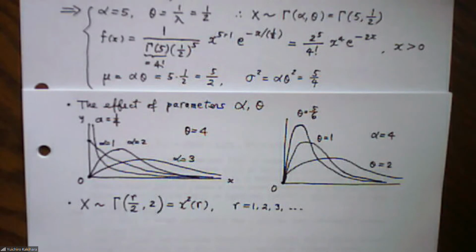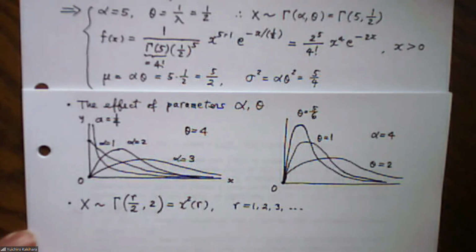If there are r random variables subject to the standard normal, and they are independent, then the sum of those r squared random variables must be subject to the chi-square of r. That's the meaning of this. We'll see. So chi-square is a kind of square of normal random variables.